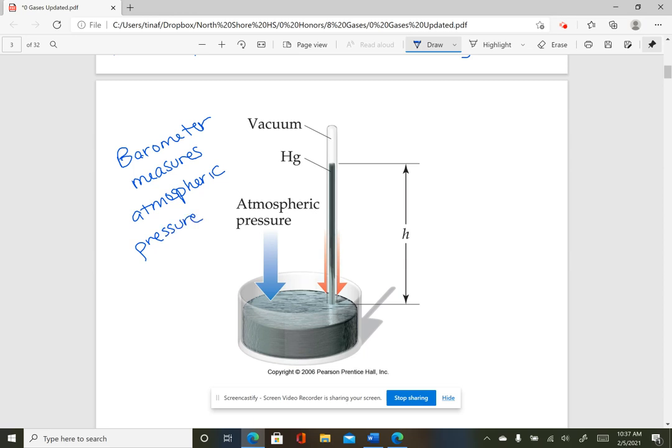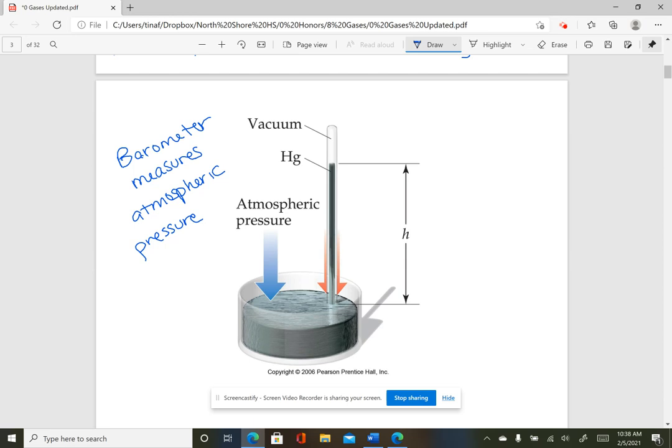And the atmospheric pressure is a measure of the force of the air that's pushing down on us or pushing against us. And if you can visualize this, when we're at sea level, we have a whole bunch of air on top of us pushing down. So at sea level, air pressure is the highest.